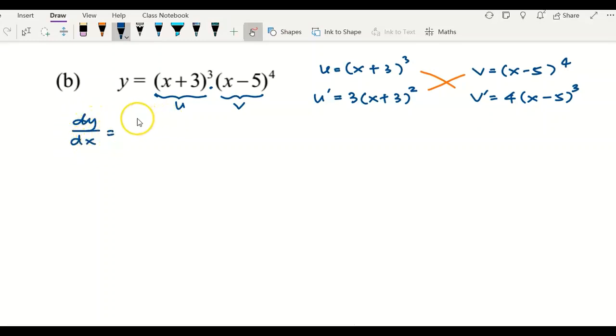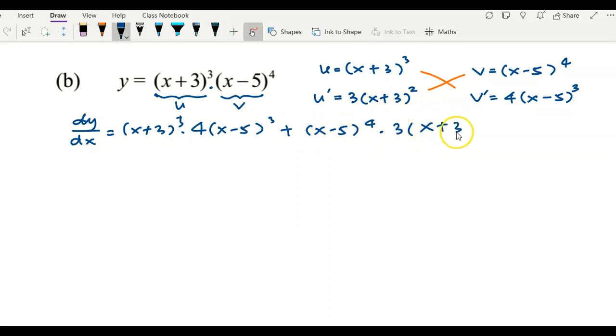dy/dx equals u v prime, which is (x minus 3) cubed, multiplied by the v prime, which is 4(x minus 5) to the power of 3, plus v u prime. V is your (x minus 5) to the power of 4, and the u prime is your 3(x minus 3) squared.